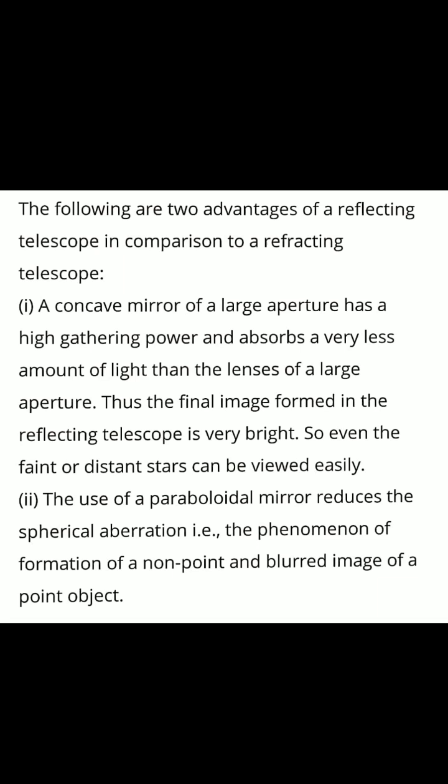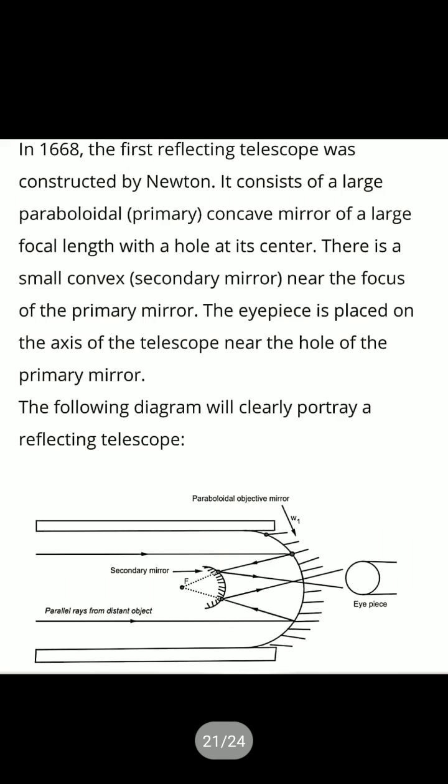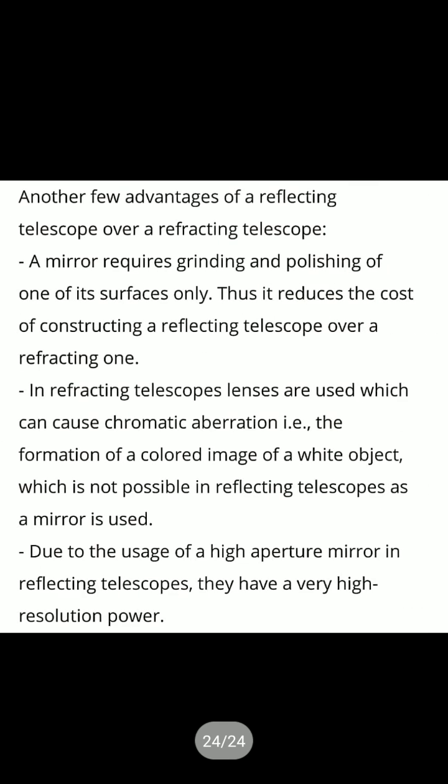The use of a paraboloidal mirror, as you see in the diagram, reduces the spherical aberration, the phenomenon of the formation of a non-point, blurred image of a point.